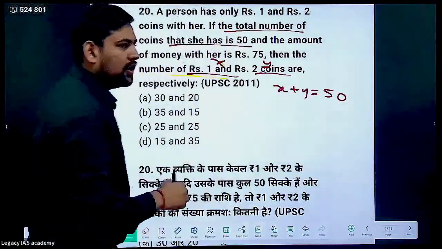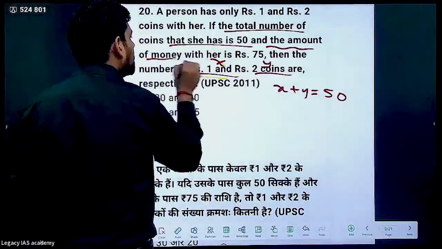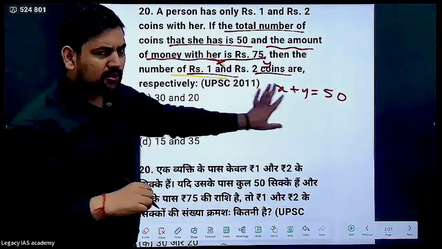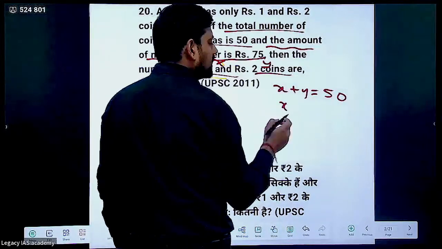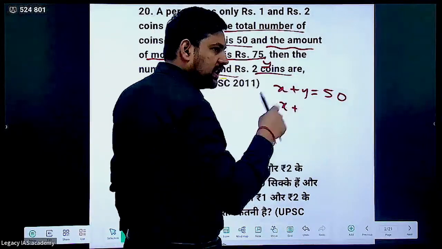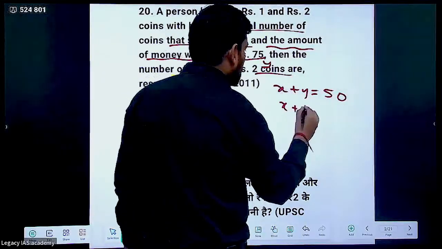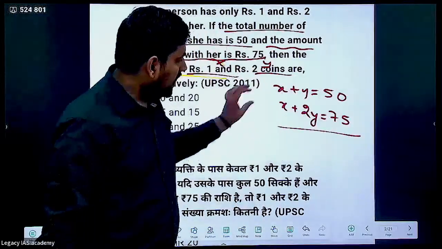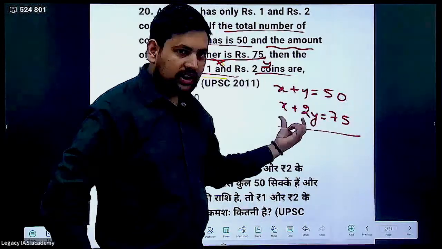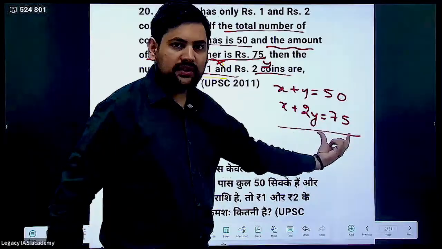The second one is about value. The amount of money with her is 75. So 1 rupee coin, how much is the value? 1 only. So simply you can write x plus, 2 rupee coin each has value 2, so x plus 2y is equal to 75. Also logically, if you see x plus y was 50, then here x plus 2y becomes 75.